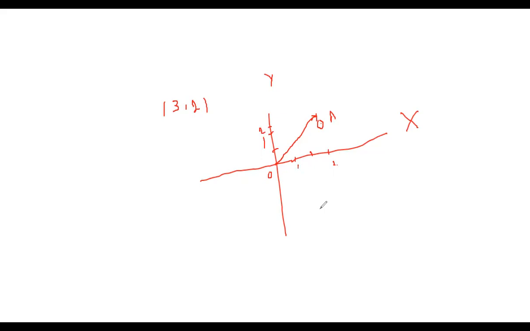This is the vector OA, with 3 and 2. So vector OA, you can say that it is 3x plus 2y.